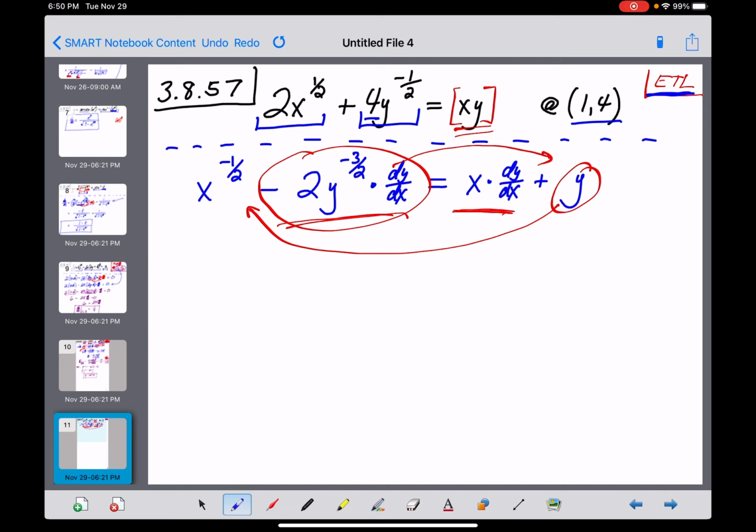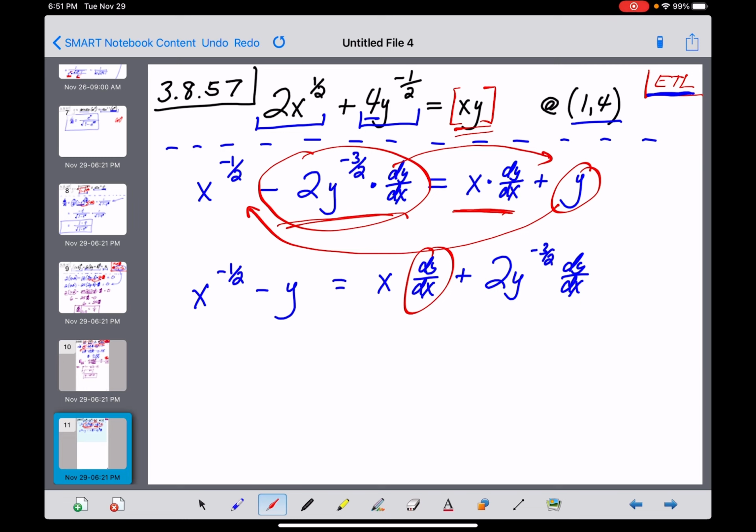So what's that going to get me? x to the negative 1/2 power, and then a minus y will equal x dy/dx, and then a plus 2y to the negative 3/2 and a dy/dx there as well. I'm going to grab that common factor of dy/dx and factor it out in front, put parentheses around what's left over, and then divide by it.